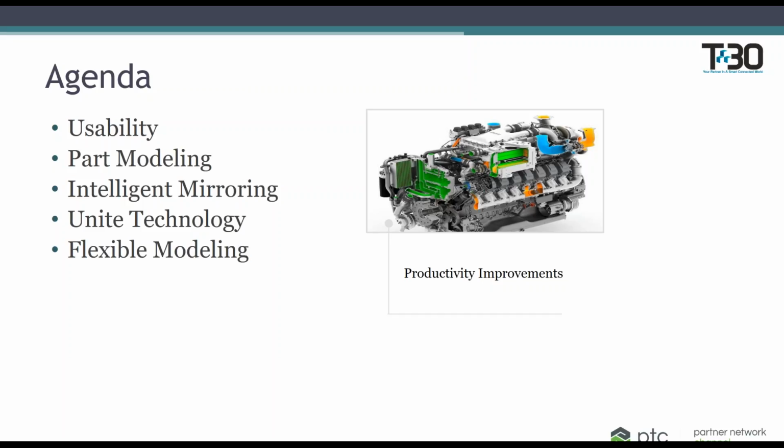Intelligent mirroring is a big solution to a big headache that has been troubling engineers who've done complex mirroring in the past. Unite technology, as always, is a very functional, strong technology and piece of a tool that is built in, that you can make late-stage design changes with flexible modeling to your supplier parts, to SolidWorks, CATIA, NX parts.